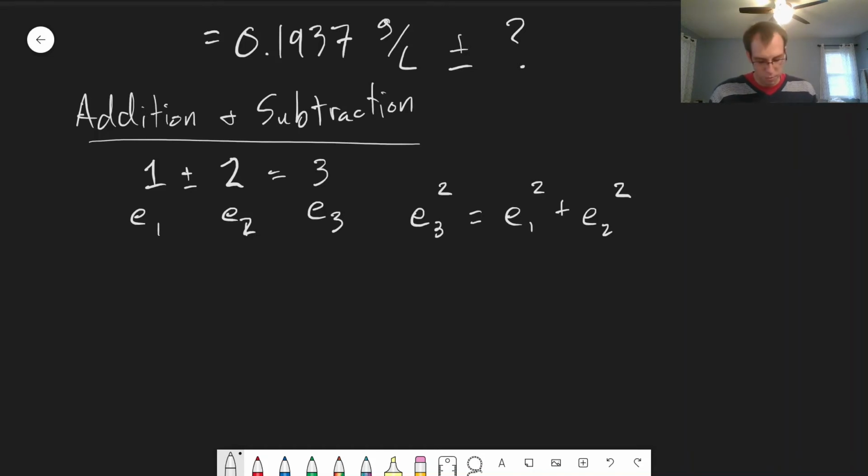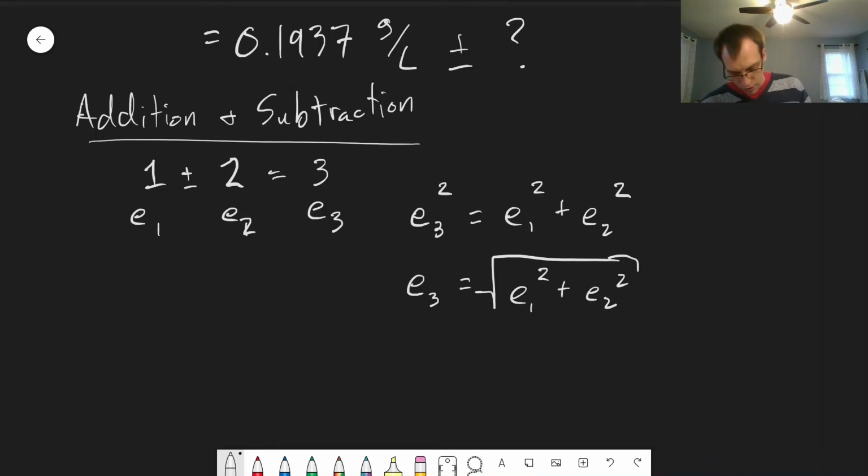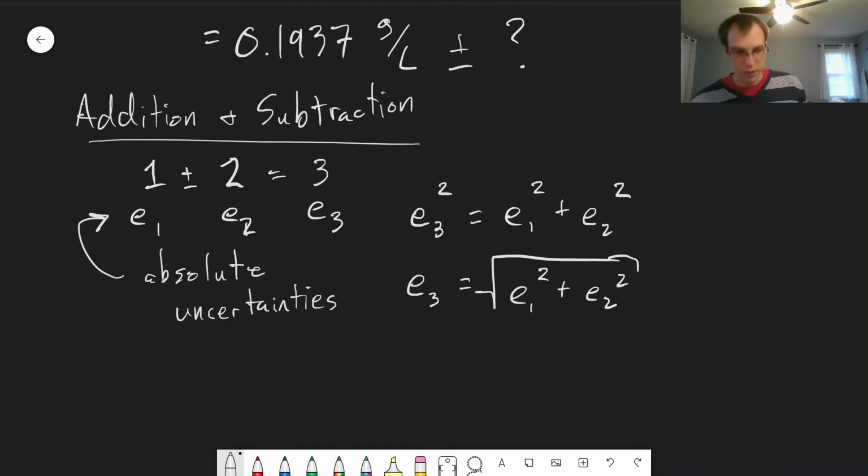So that's the propagation of uncertainty equation for addition and subtraction. Or we can solve this. The uncertainty in 3 is the square root of E1 squared plus E2 squared. Now, these are all absolute uncertainties. So these are just what is the uncertainty, not expressed relative to the value itself. Okay, so that's the rule for addition and subtraction.